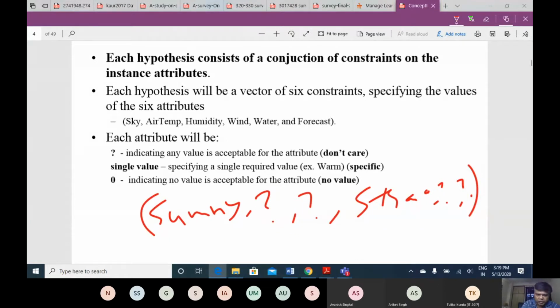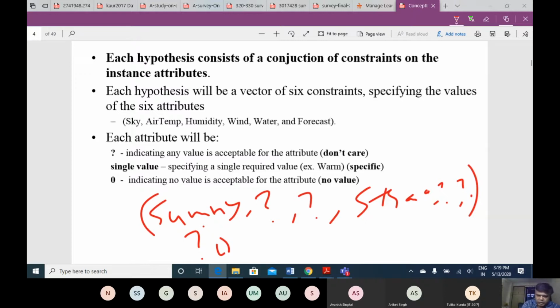So all combinations of these, where at any place we can have either a specific value, a question mark, or zero, all such combinations represent one hypothesis.